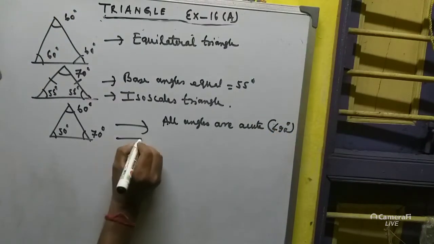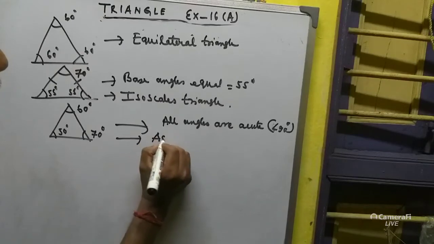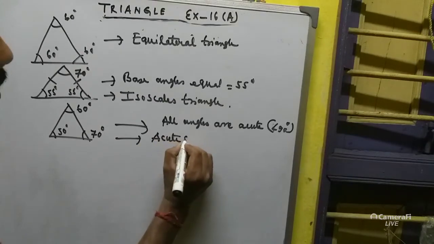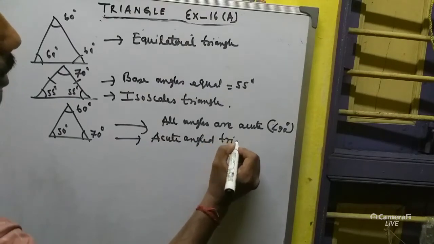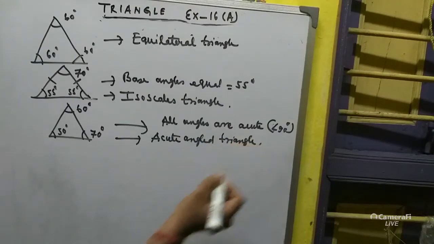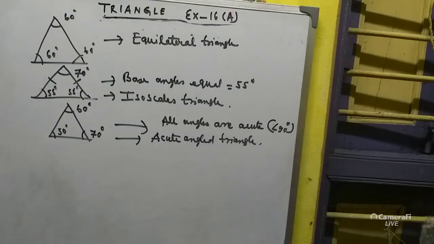So this is called an acute angled triangle. So this is the property. All very easy math. Do it.